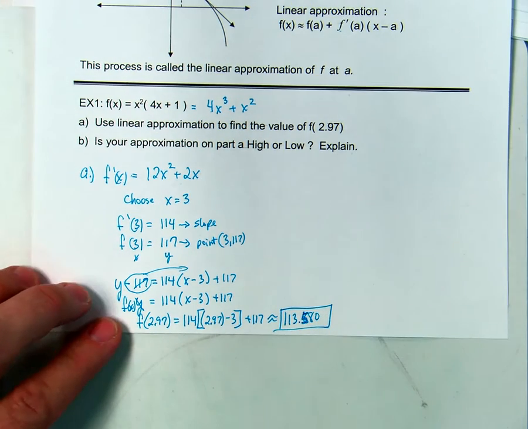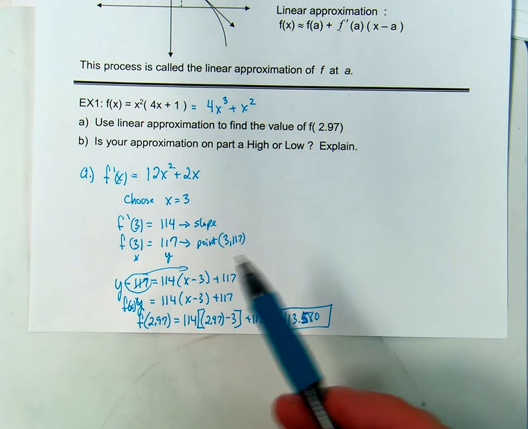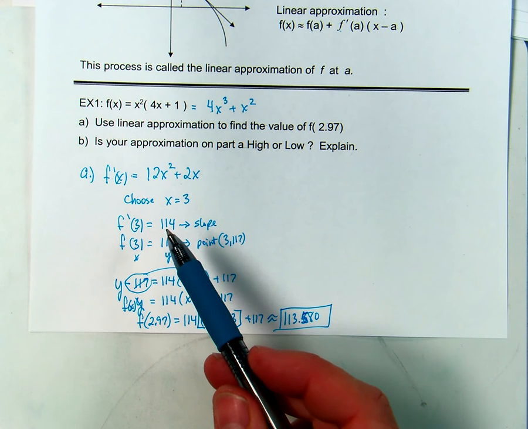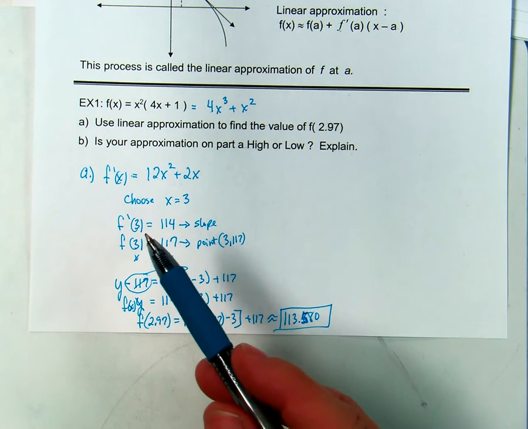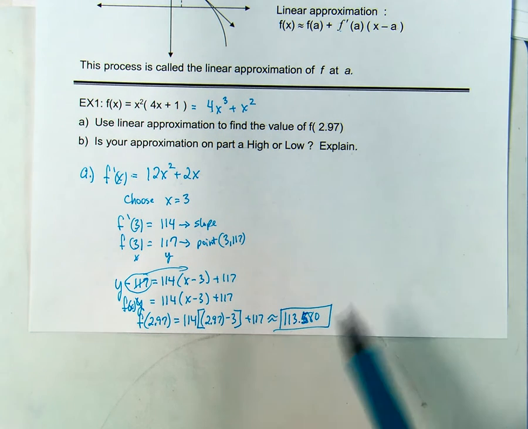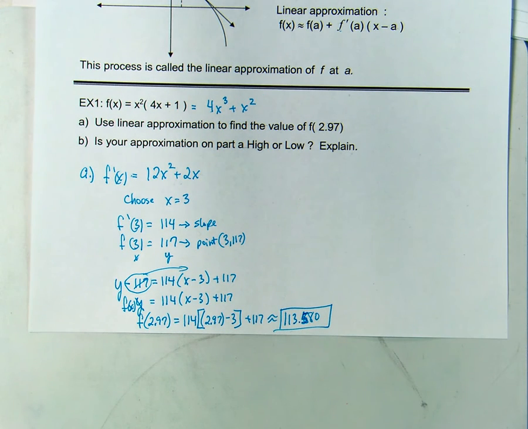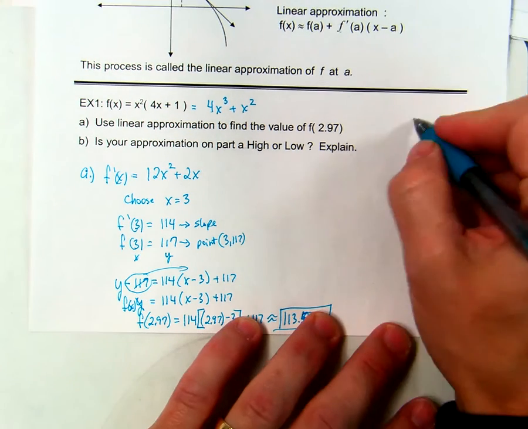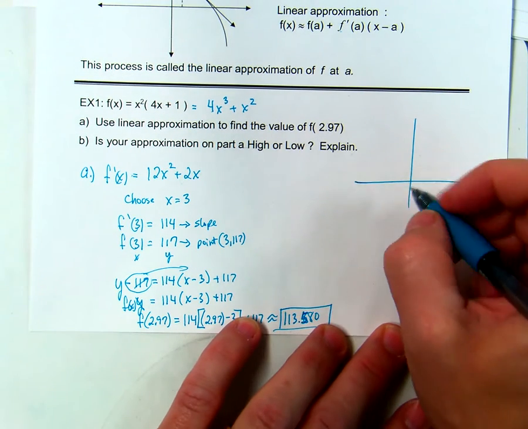And so look here, when we plugged in a 3, we got 114, but 2.97, obviously a little less than 3, gave us 113.580. Now, when we look at this and we try to graph it, putting this in the calculator would be the easiest thing to do. We put this in the calculator and we graph this. We're going to see that the graph looks something like this.